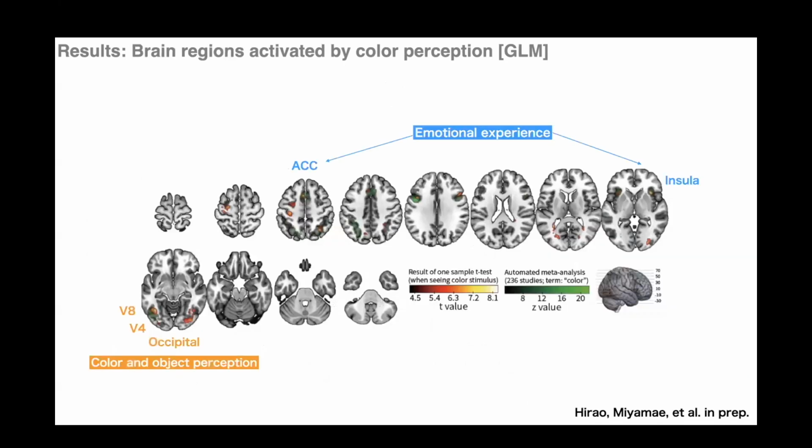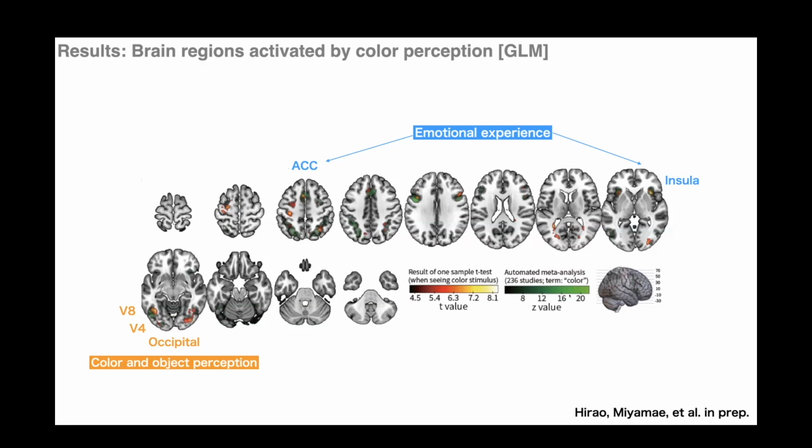And we found V4 and V8 are activated, also occipital regions, object perception regions. And here showing that hot colors are obtained from our study. We found these regions, and we also found emotional experience regions, ACC and insula, here and here, and also parietal regions and frontal regions as well.